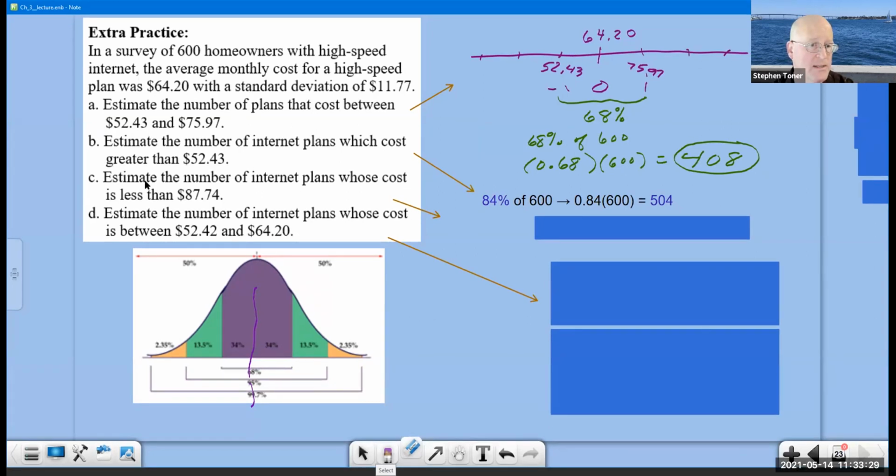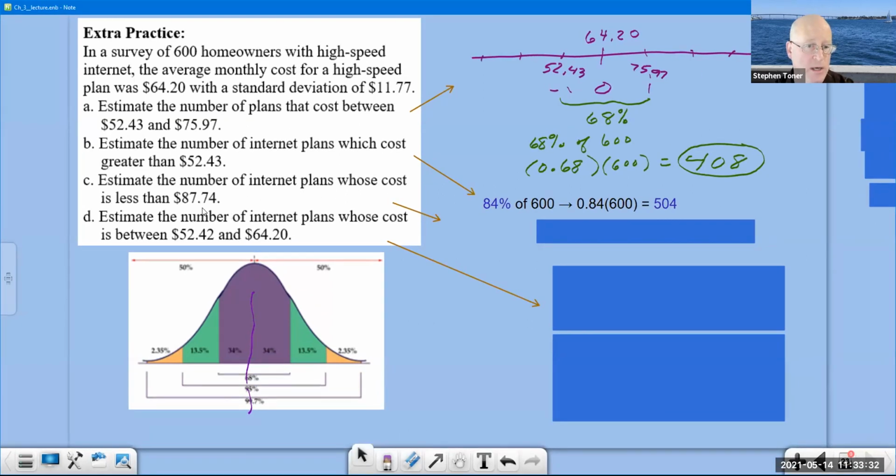The next part says estimate the number of internet plans which cost less than $87.74. I go up to my picture and I don't have that on my number line, but I bet that's going to be the next value out, because these problems are kind of contrived to be that way. So that will be two standard deviations out to the right. I draw my little marker on my normal curve between the 2nd and 3rd standard deviations.